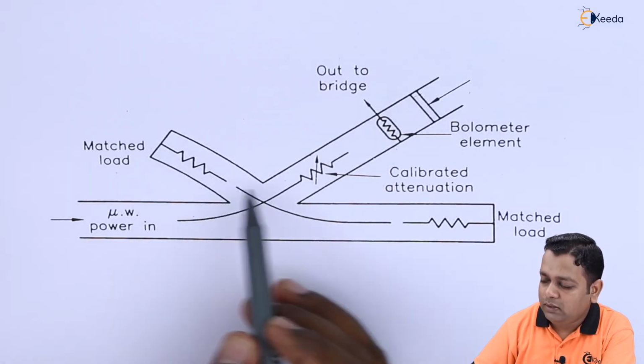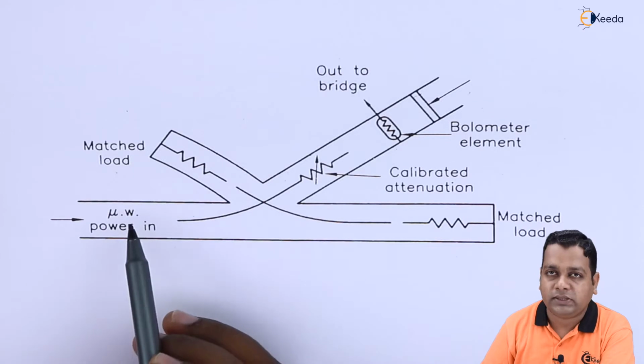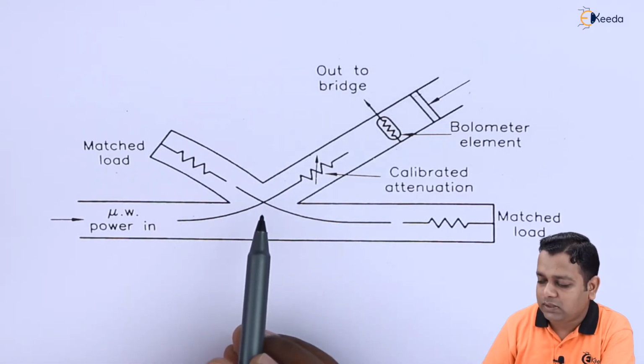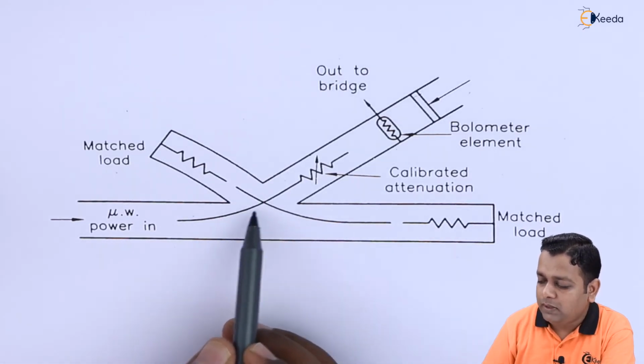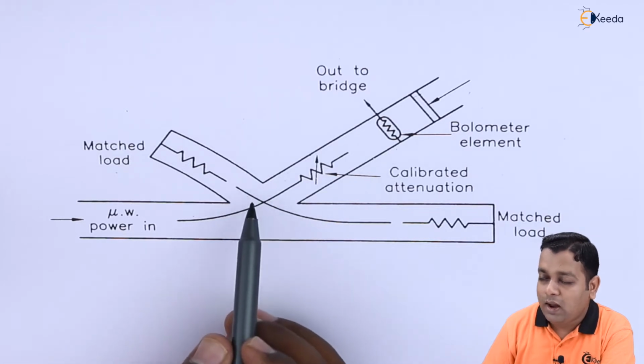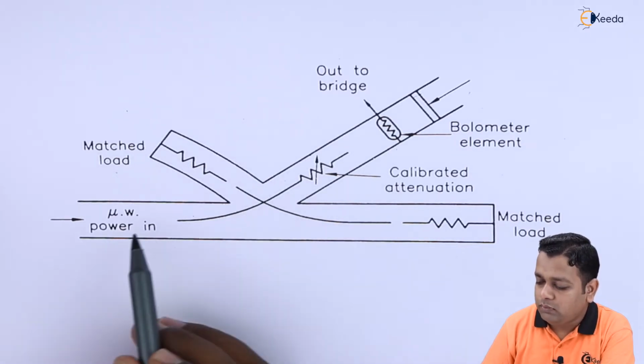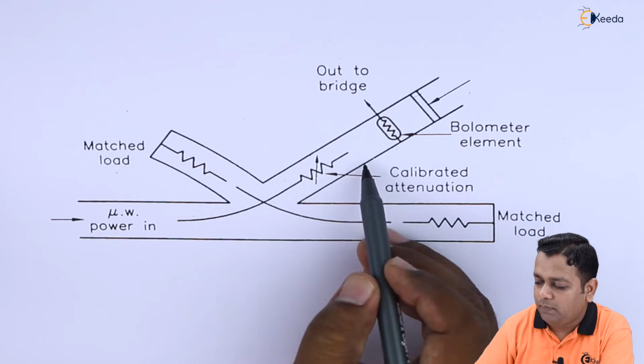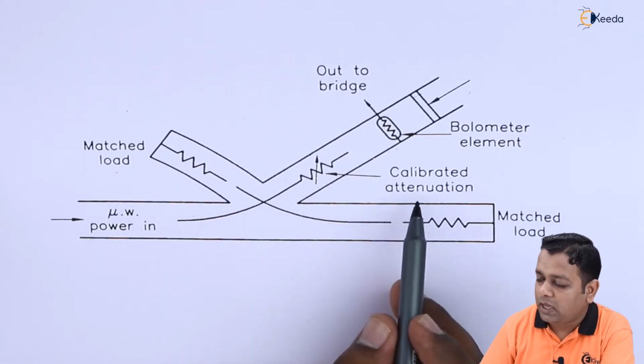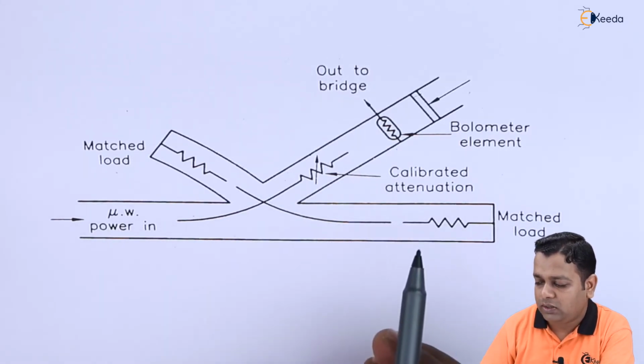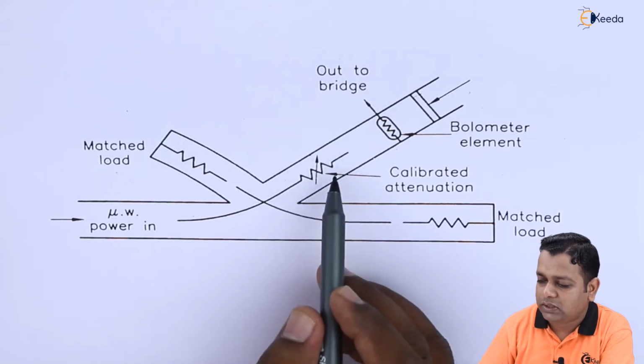Now in between the primary and the secondary waveguides, we have the coupling at this particular point, and towards the port from the input port we have the use of a calibrated attenuator. So this is the representation here.